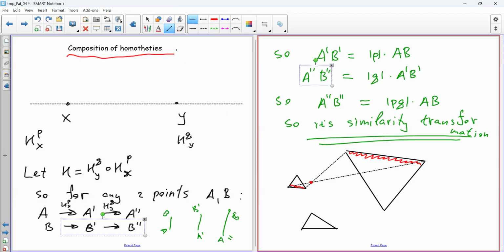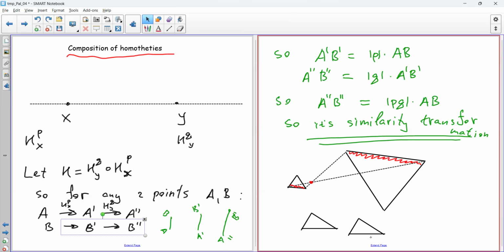We have two congruent triangles oriented equally. Then if we try to perform this construction, we will have just a family of three parallel lines, right?